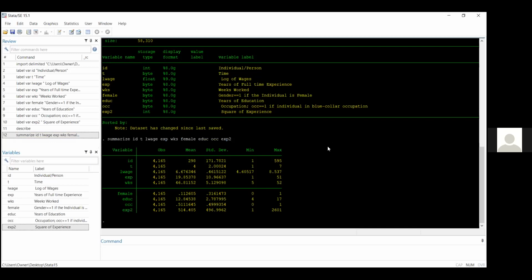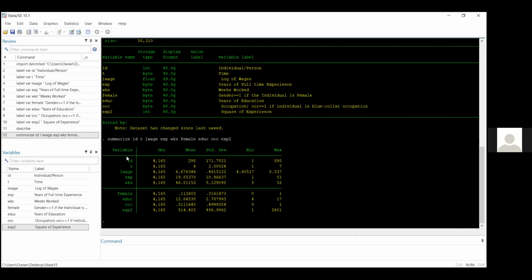Squaring an independent variable, you are proclaiming that there is a quadratic relationship, meaning the effect of experience may first increase, reach a maximum, and then wages start falling over time. With that curve, that quadratic relationship, you are presenting a claim, or there is a theoretical justification.